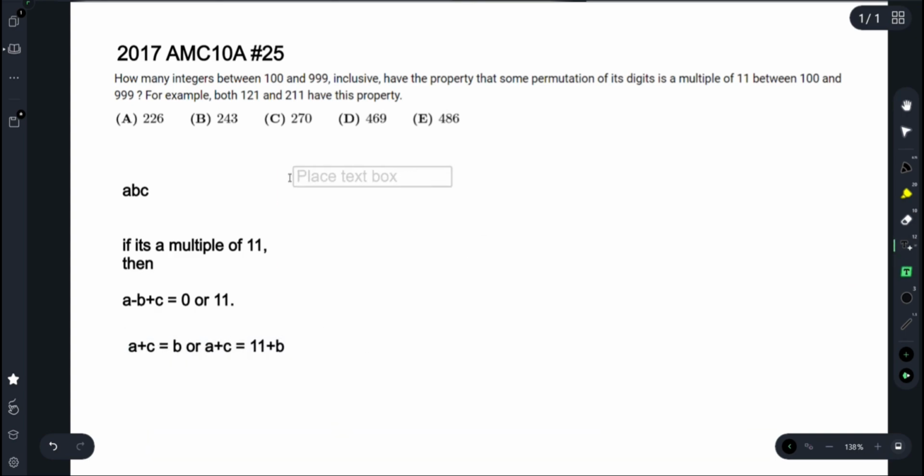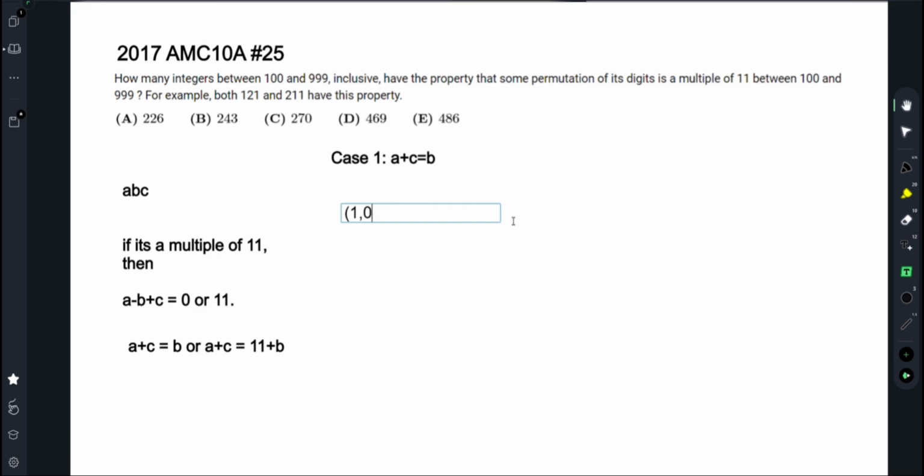Alright, so we go case 1, A plus C is equal to B. Okay, so if B is 1, then we can do 101, and then 202, 112, 303, 123, 404, 134, 224.